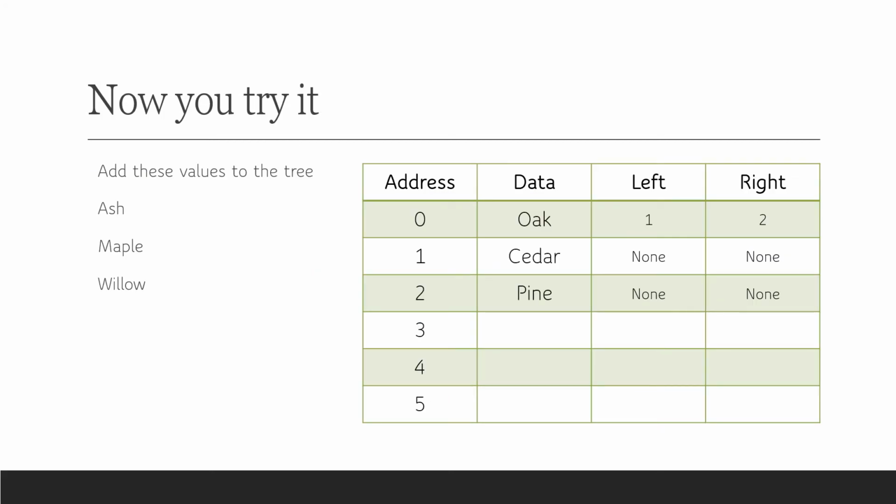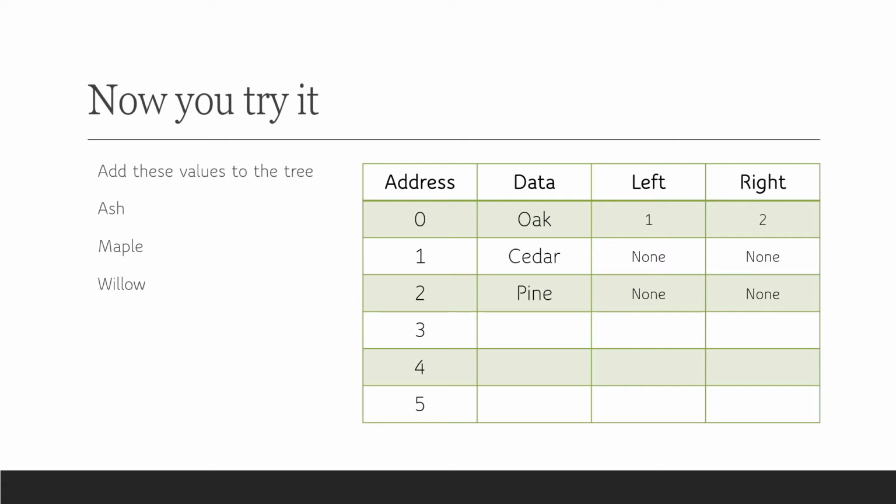Okay, so here's another example. This is a tree that is storing the names of trees. Very clever. And it's only got oak, cedar and pine in it at the moment. Add these values, ash, maple and willow, in that order to the tree, and make all the pointers work properly.